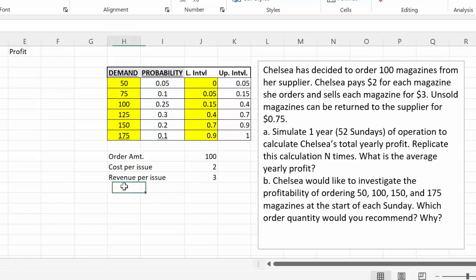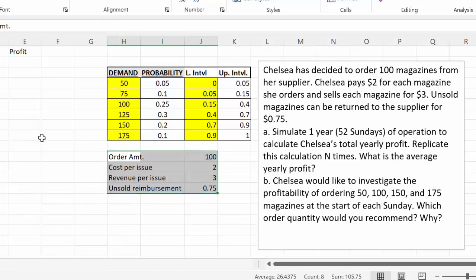So we can put that in as $3. Anything unsold gets a reimbursement. She'll get 75 cents back, that's what they're saying for that. Okay, we can pop this into a table just so it draws our eyes, with thick borders around it.